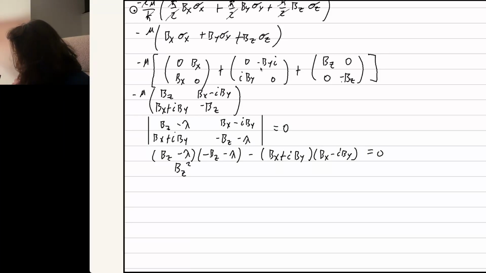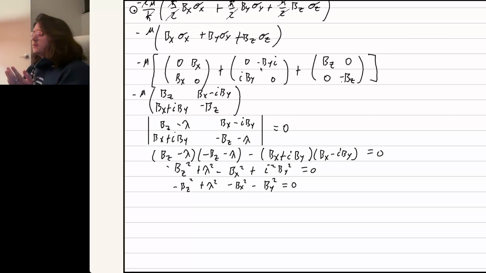Both of these have a similar form, so expanding them isn't too bad. You're just going to have minus bz squared plus lambda squared minus bx squared plus i squared by squared, which will just convert that i squared into minus 1, minus by squared equals 0. This can also be factored, as it turns out.